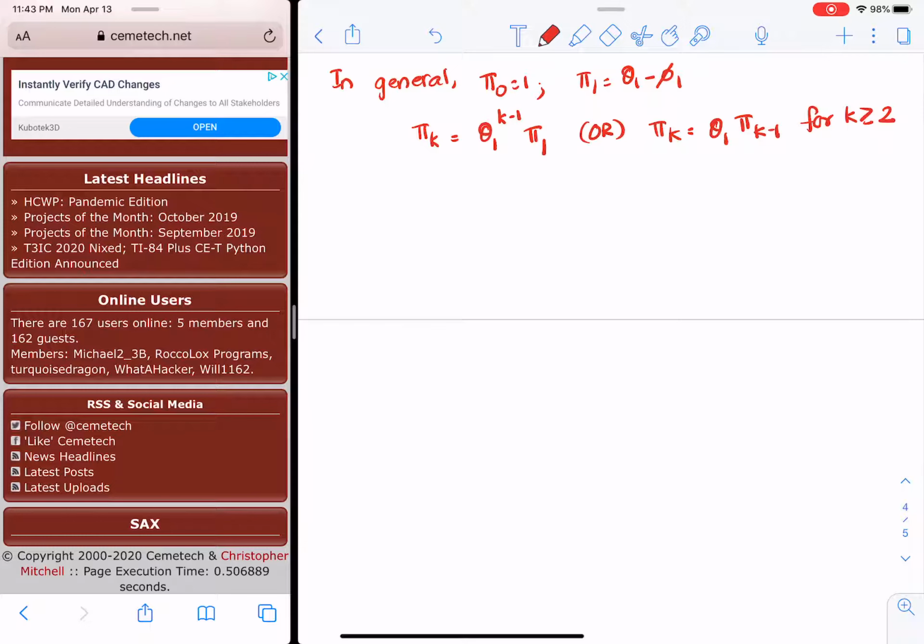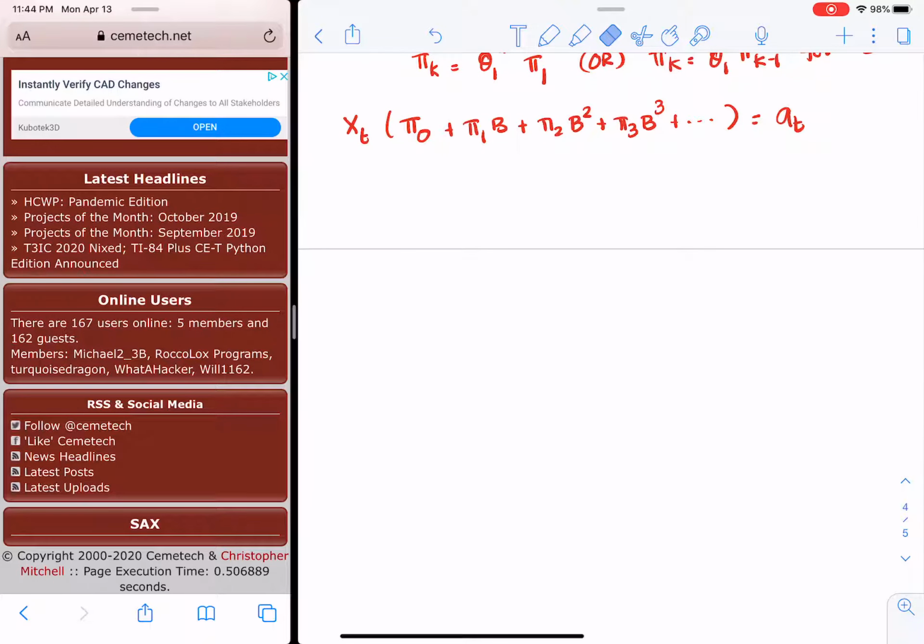So what we simply did is we have x_t multiplied by (pi 0 plus pi 1 B plus pi 2 B squared plus pi 3 B cubed, and so on), which would equal a sub t. If I distribute the x_t, pi 0 is 1, so I would simply have x_t plus pi 1 B x_t, pi 2 B squared x_t, pi 3 B cubed x_t, and so on.